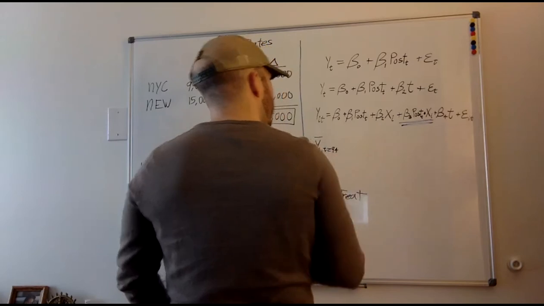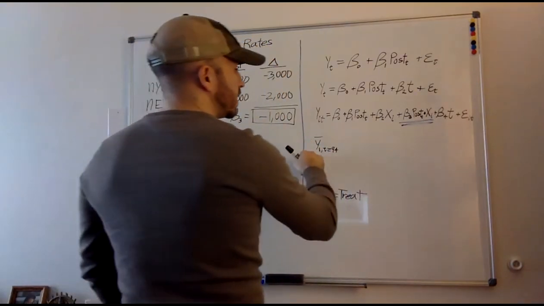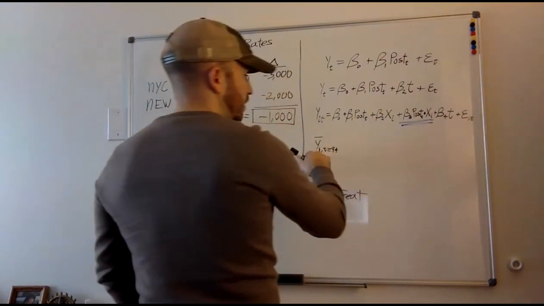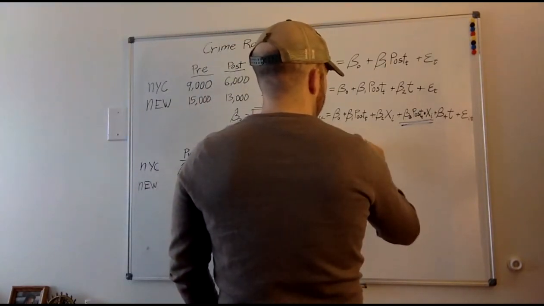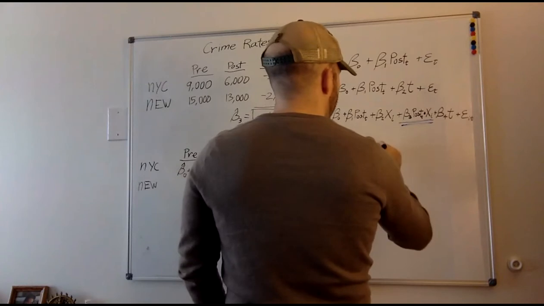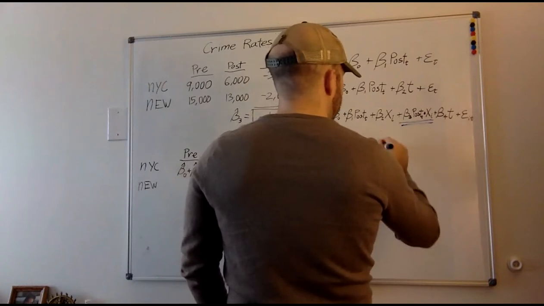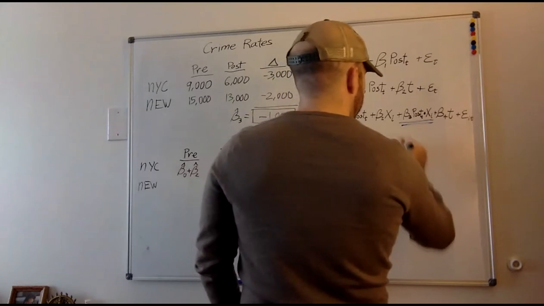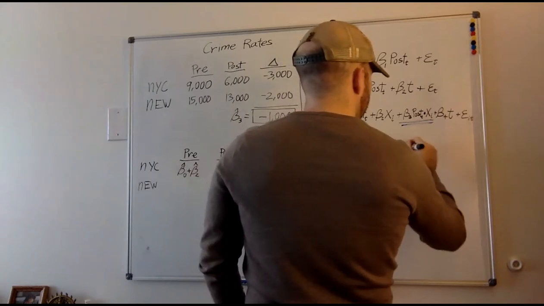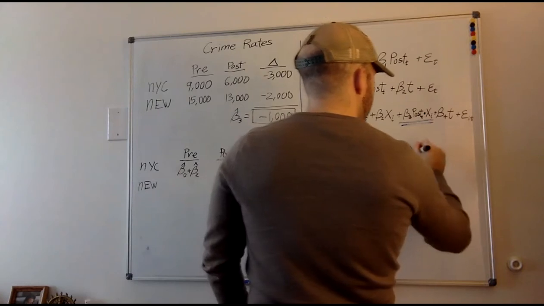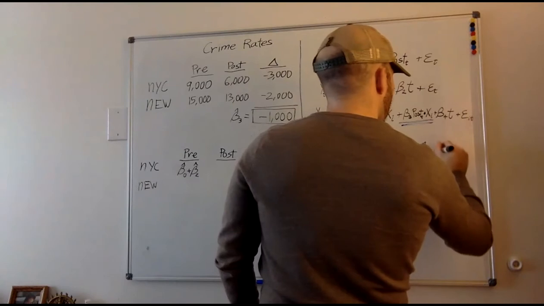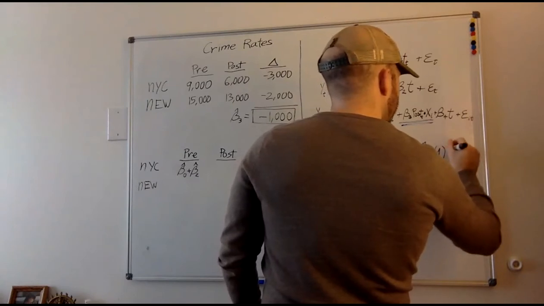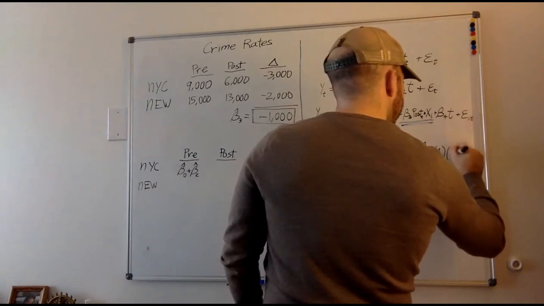All right, so New York City during or after 1994 is beta hat naught plus beta hat 1 times post is equal to 1 plus beta 2 hat times x is equal to 1 plus beta 3 hat times post is 1 and x is 1.